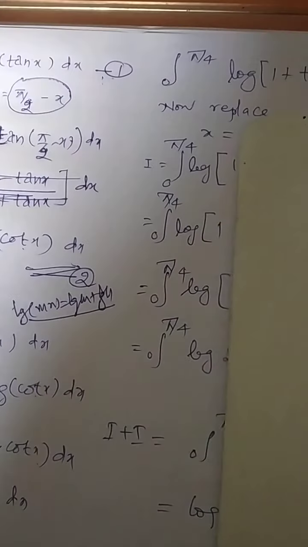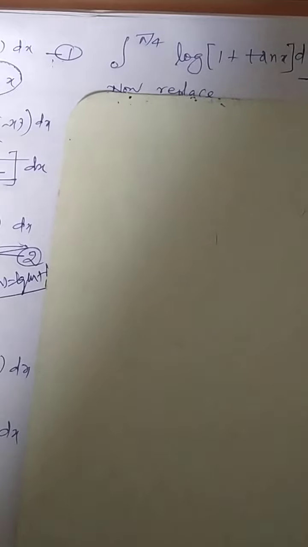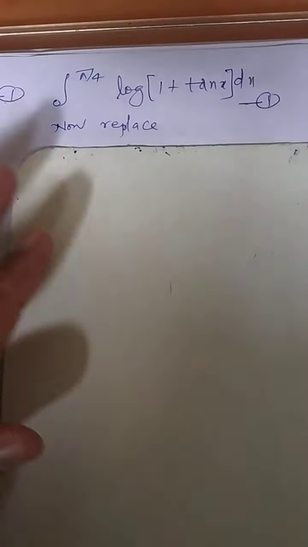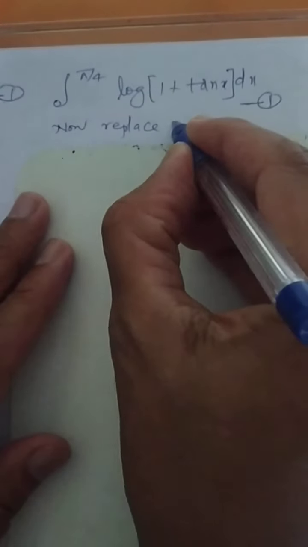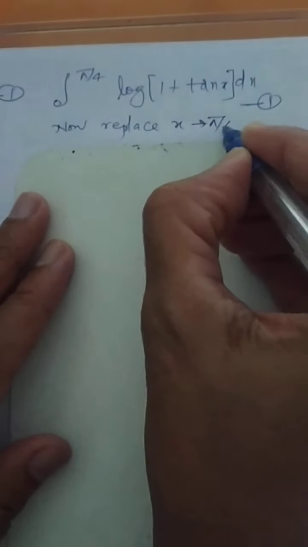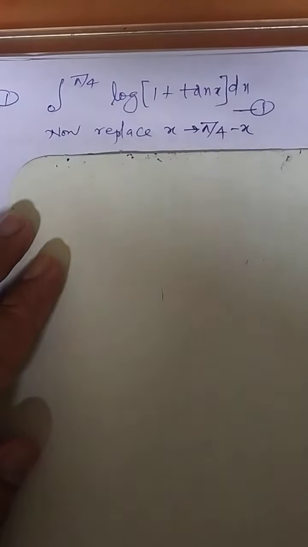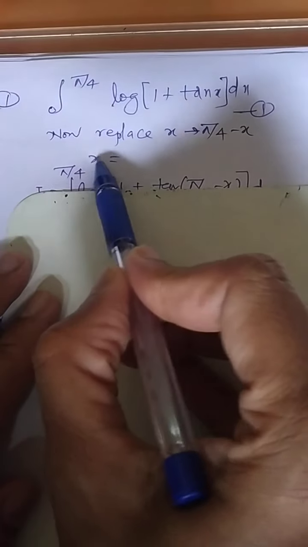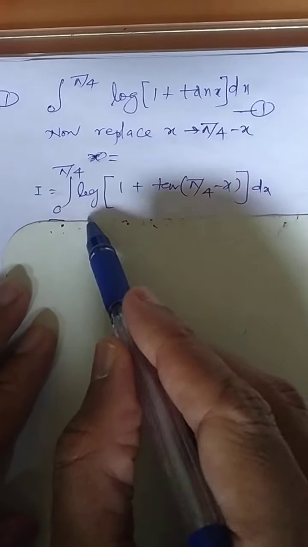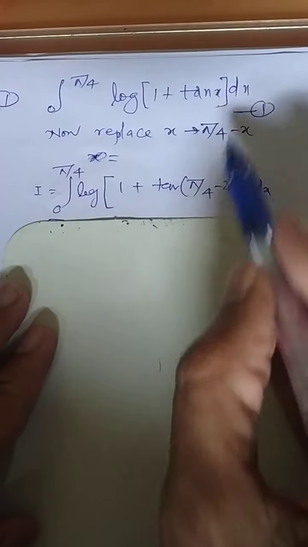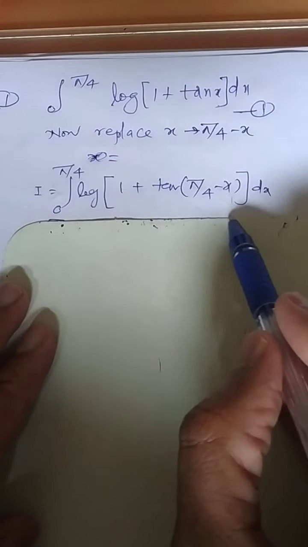On the same line, look at this question now. Can you tell me what is to be replaced now? Yes, now x to be replaced by pi by 4 minus x because now the upper limit is pi by 4. Now 0 to pi by 4 log of 1 plus tan, here it will be pi by 4 minus x.